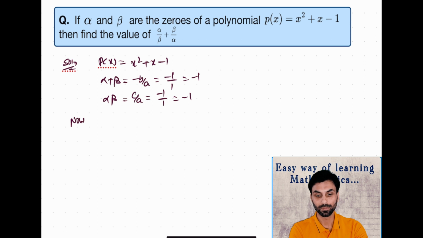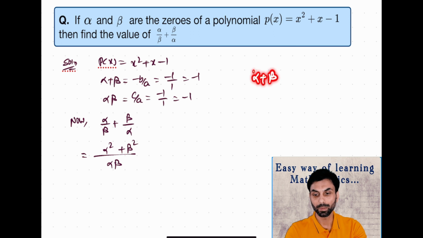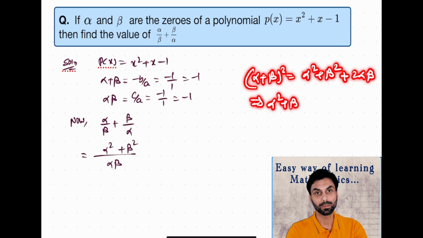Now we have to find alpha upon beta plus beta upon alpha. Take LCM, it will be alpha beta. This will become alpha square plus beta square. Now, as we know, alpha plus beta whole square is alpha square plus beta square plus 2 alpha beta. So, from here, alpha square plus beta square can be written as alpha plus beta whole square minus 2 times alpha beta.